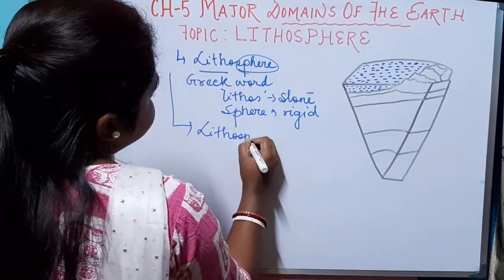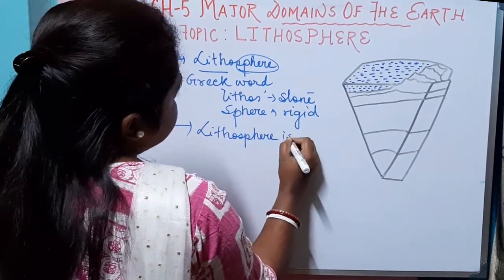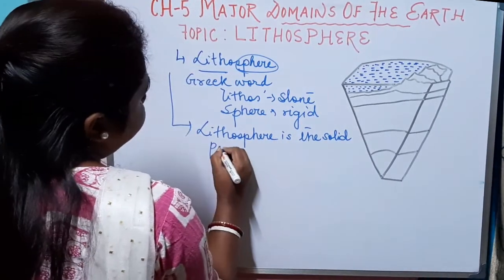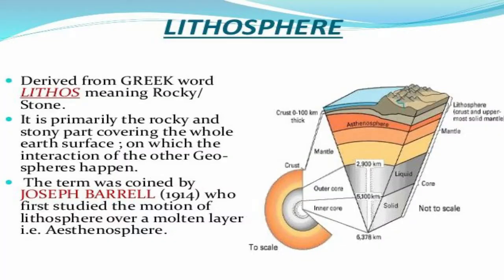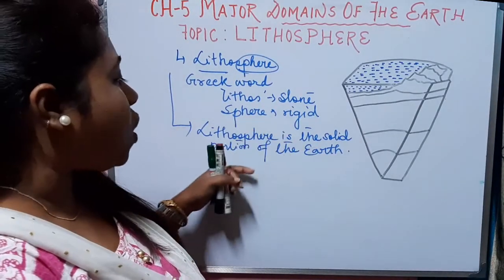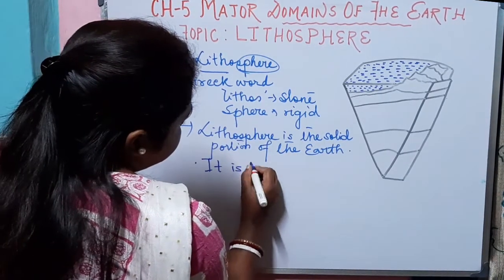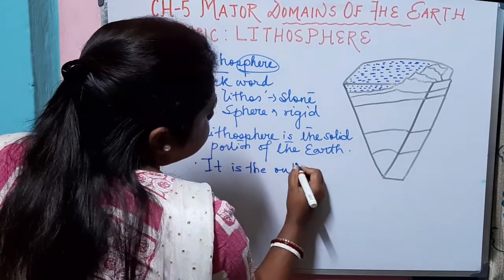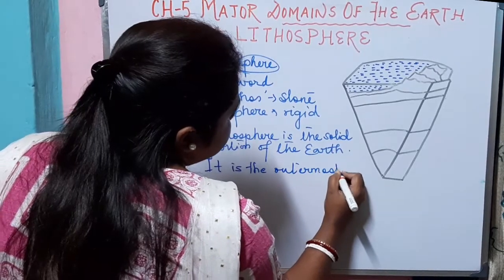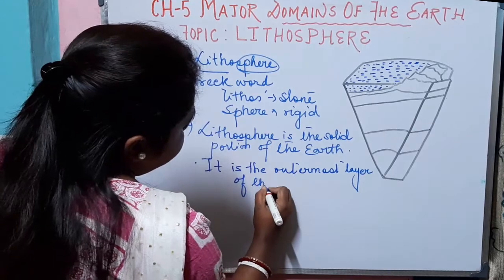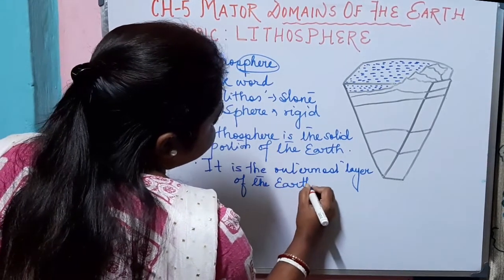Lithosphere is the solid portion of the earth. It is the outermost layer of the earth's structure.